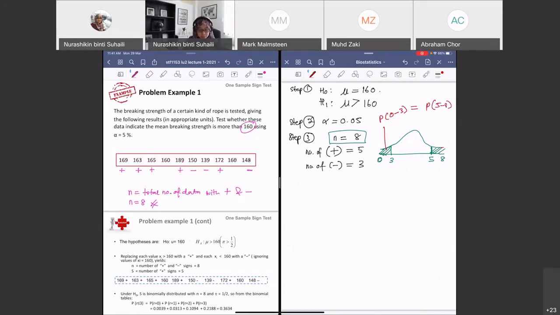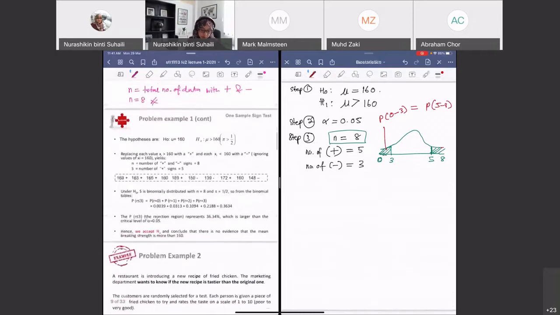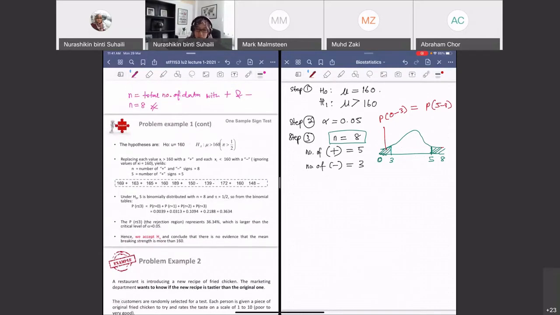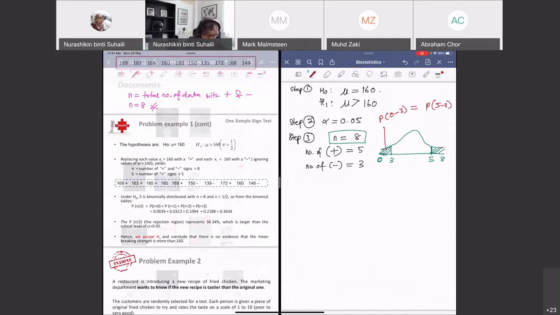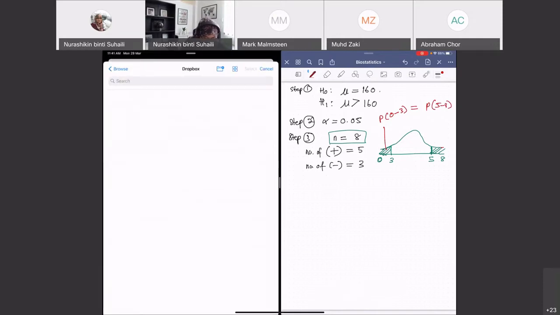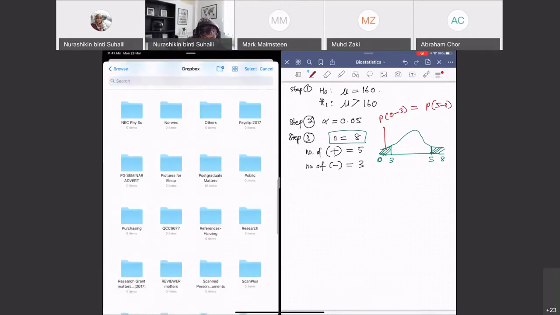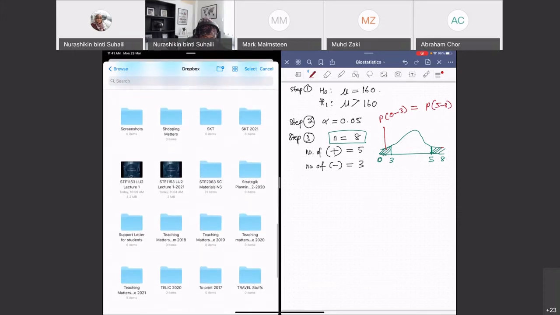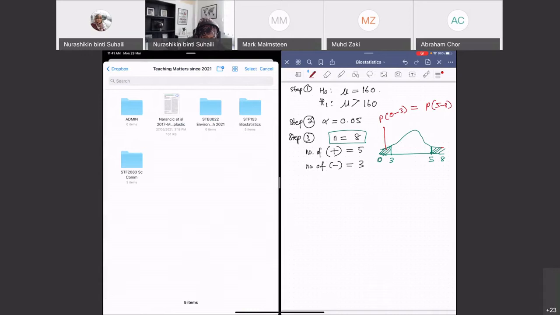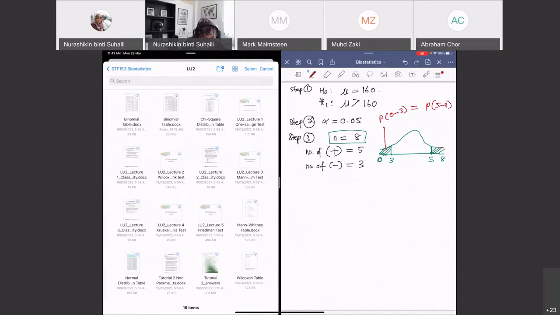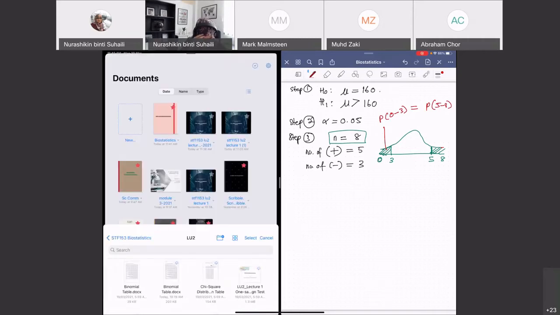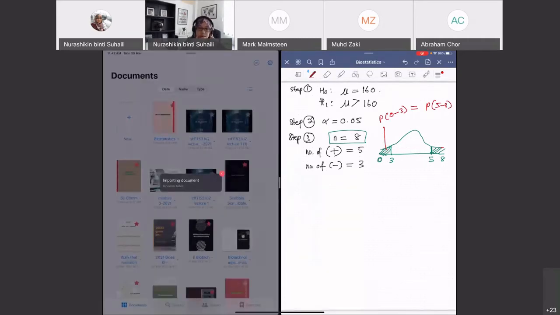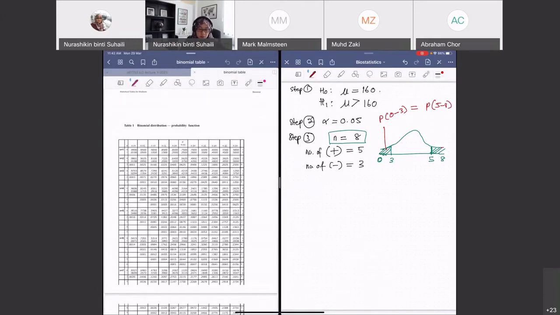If you see the binomial table, do you have the binomial table with you? If I can show you, this is the one that I gave you, right?